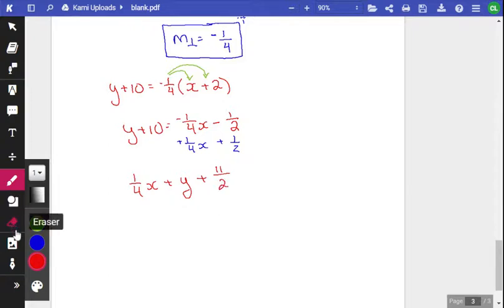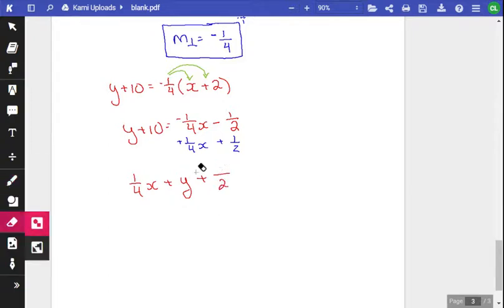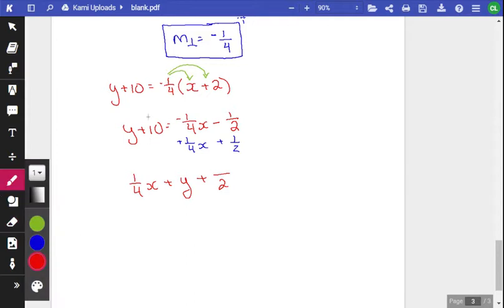Oops, sorry, I should put the right number there. Double 10 is 20, it's 21 over 2. That equals 0.